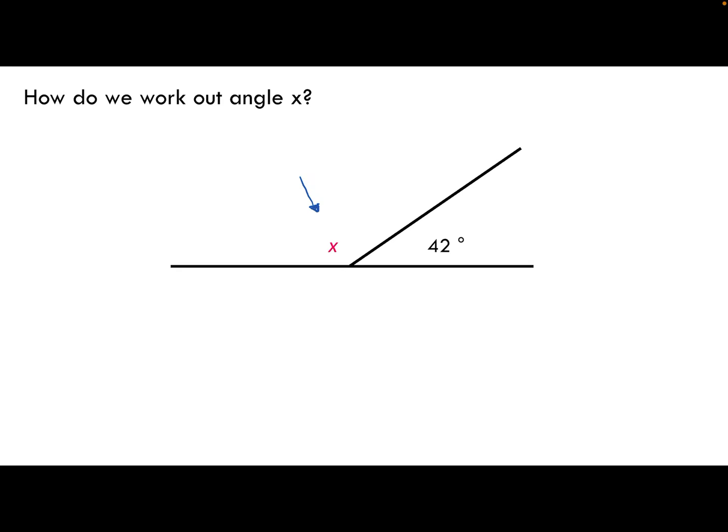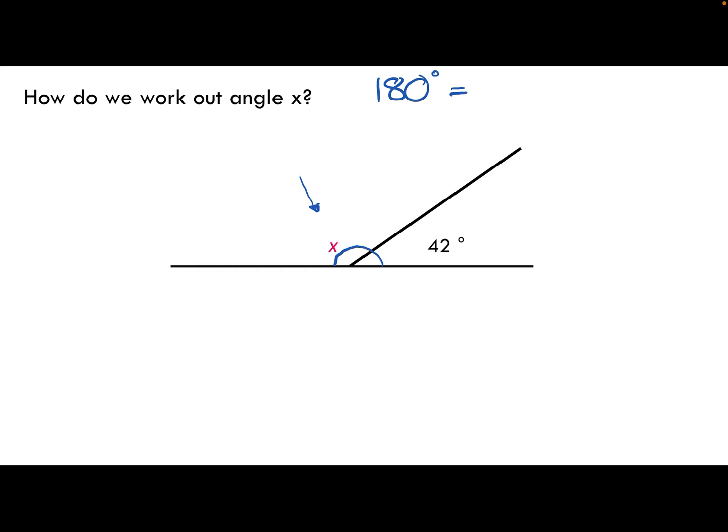So how do we create a formula that we can use in order to help us? What we can do is we know what the total of the angles on this line here, and we know the total is going to be 180 degrees. So from here all the way to here is 180 degrees.